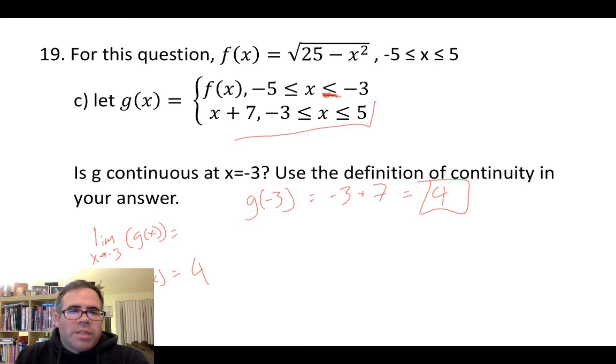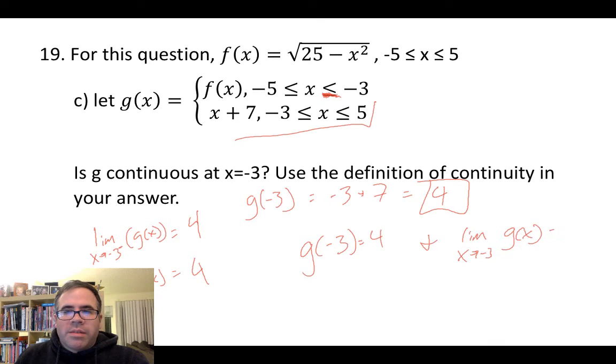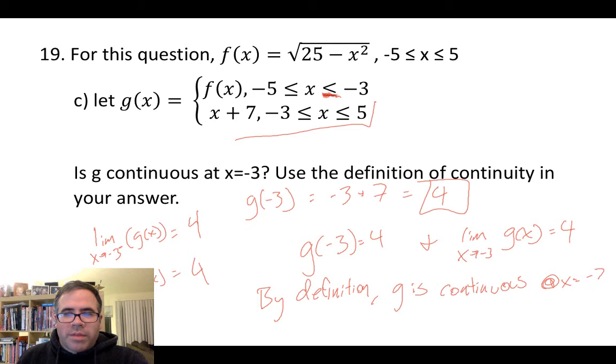Strange. So we know what this is from the negative side. It's also equal to 4. So that means that g of negative 3 is equal to 4. And the limit as x goes to negative 3 of g of x is also equal to 4. So by definition, g is continuous at x equals negative 3.